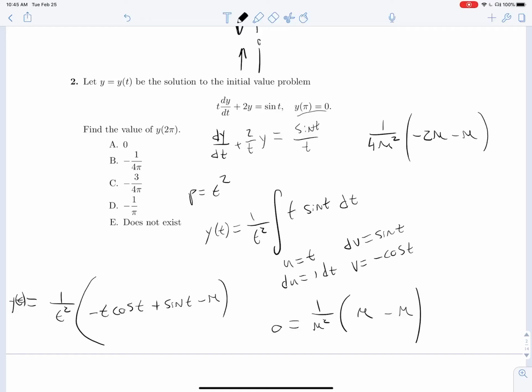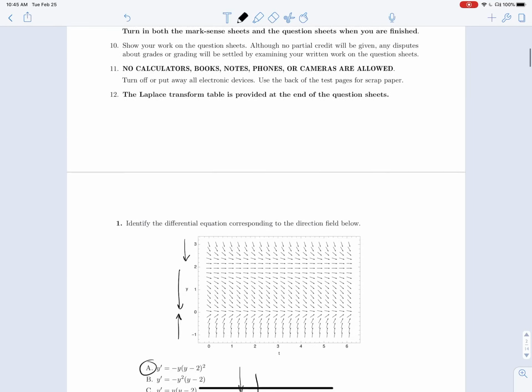So that's negative 3 pi. And so overall, we get negative 3 pi over 4 pi squared, which is negative 3 over 4 pi. And so C is our correct answer for 2.